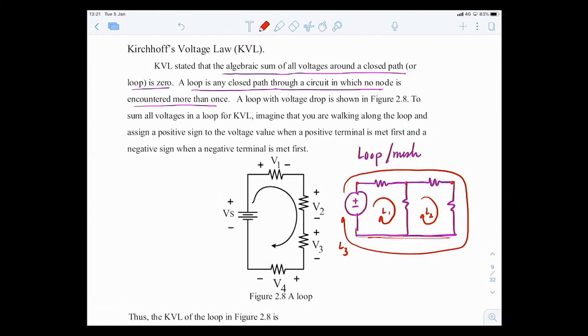Now the word mesh. A mesh is a loop that does not have any loop inside. So in this picture we have L1, L2 and L3.